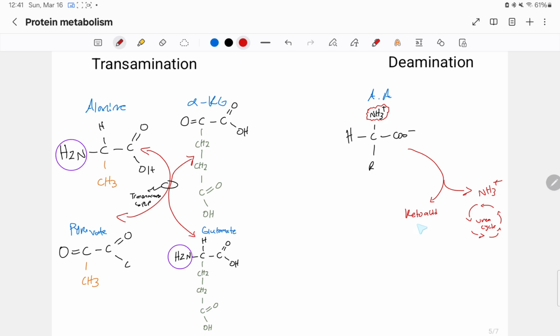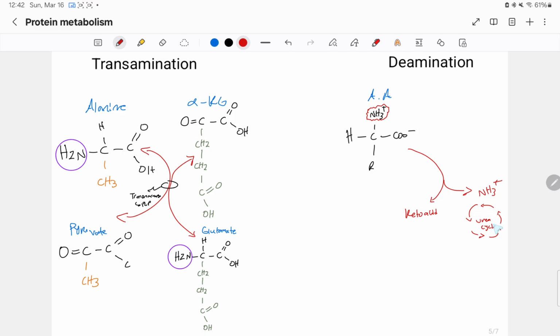You can use this keto acid for many other things. You can make glucose from it, you can make ketone bodies from it, or you can oxidize it. Doesn't matter. Either way, once you make this ammonia, you're going to take it into the liver. There it goes through something called the urea cycle, which is basically a way of getting rid of this ammonia because it's super toxic in our bodies.